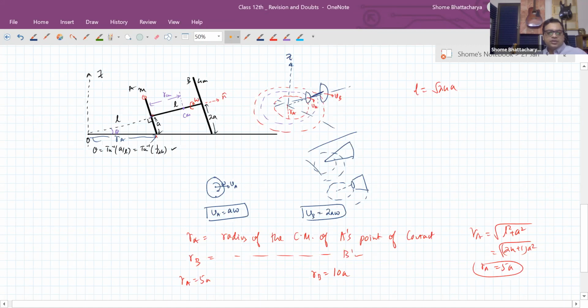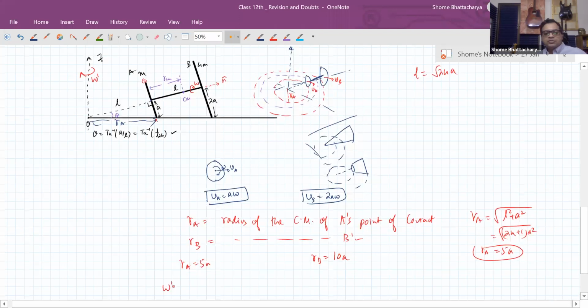Okay, so their centers are doing a linear motion. Sorry, the linear velocities of their centers are this much in magnitude, and the radius of the circular path of the point of contact is this much. Okay, so if we say that the system about the z-axis has an angular speed omega prime, then omega prime should become the linear speed of the disk A divided by its radius, which will be equal to the linear speed of the disk B divided by its radius, which will incidentally be also the linear speed of the center of mass divided by its radius.